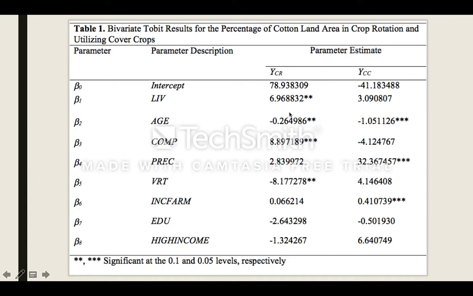That usually throws up a negative coefficient when you're looking at things related to adoption of BMPs. A lot of times older farmers are less likely to adopt or adopt at lower rates. So it's also not surprising that computer usage, precision farming, and income from farming are positive. That's pretty consistent with the literature as well.